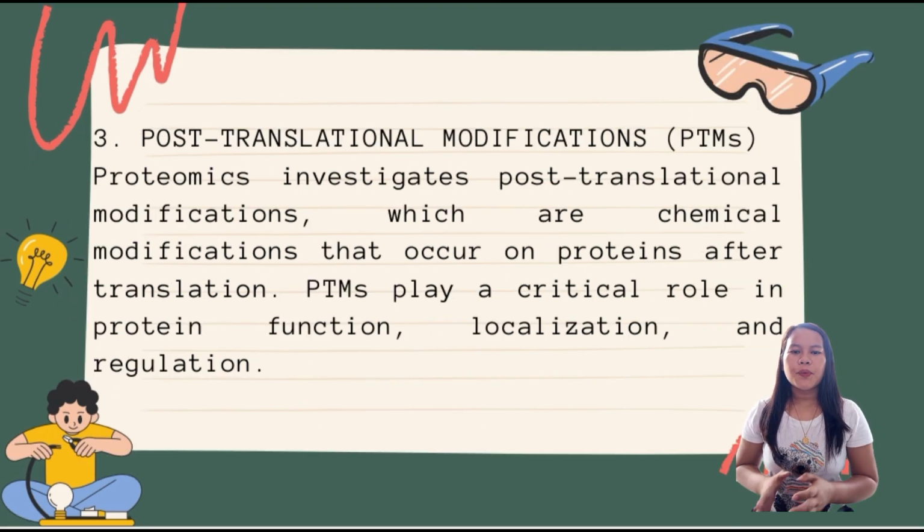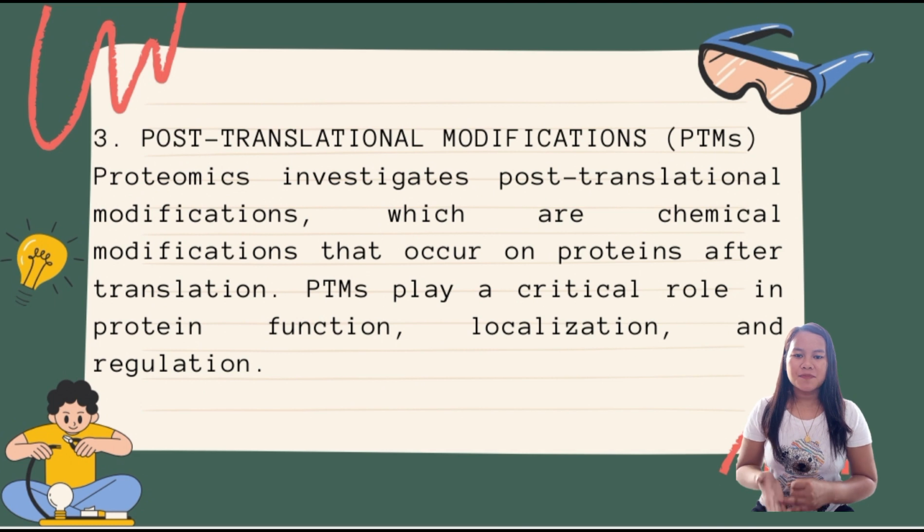And the last is post-translational modification or PTM. PTMs are chemical modifications that occur on proteins after translation. PTMs play a critical role in a protein's function, localization, and regulation.